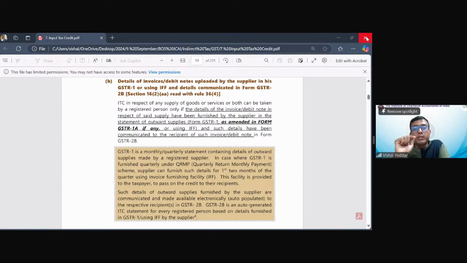Now, if I feel that since this is not my invoice, I am not eligible for this ITC, I'll press the decline or the reject button in the IMS. The moment I press this, it will be removed from my GSTR 2A, 2B, all details, because it is not belonging to me. It will not go to my 3B.